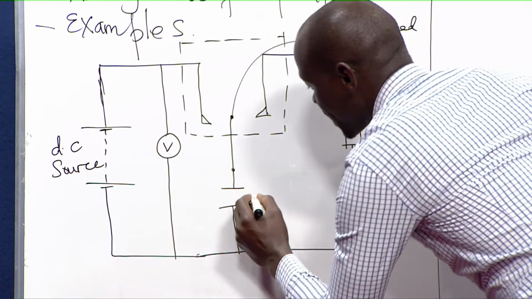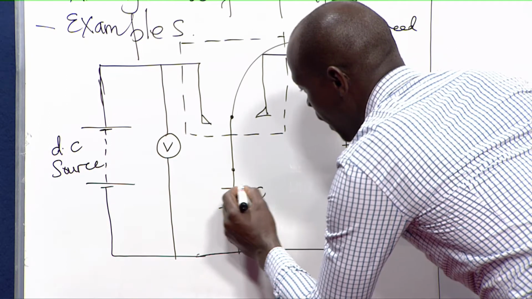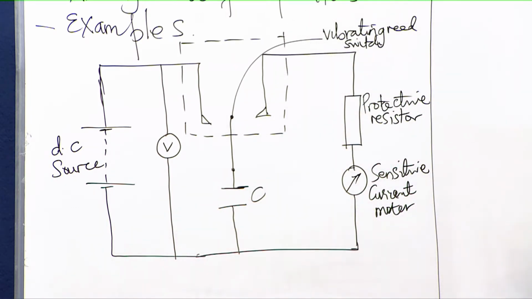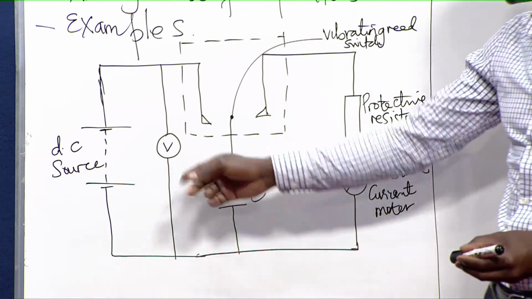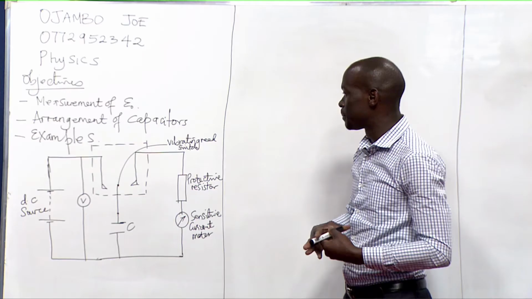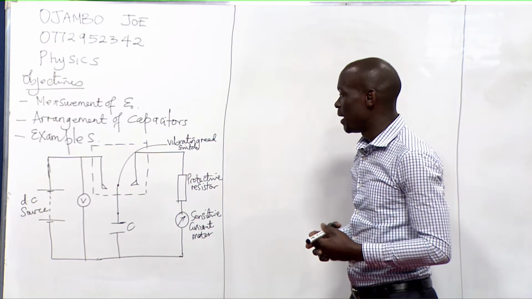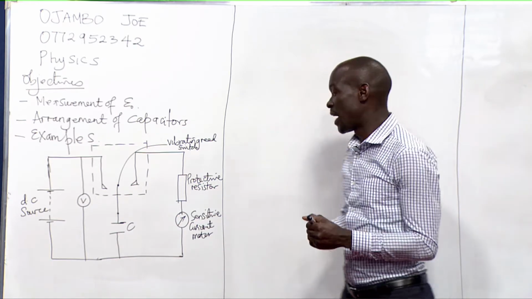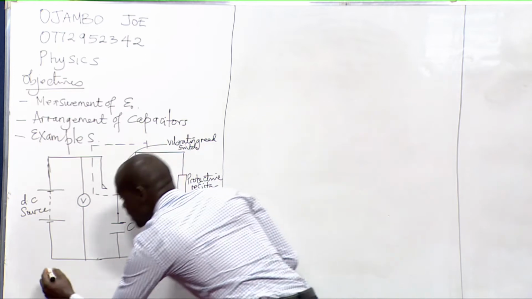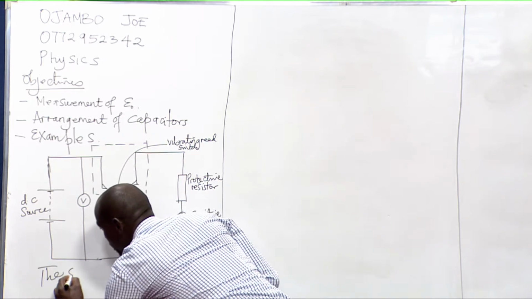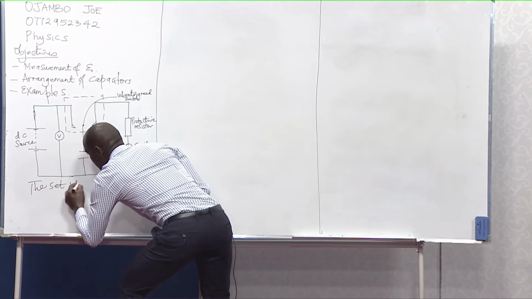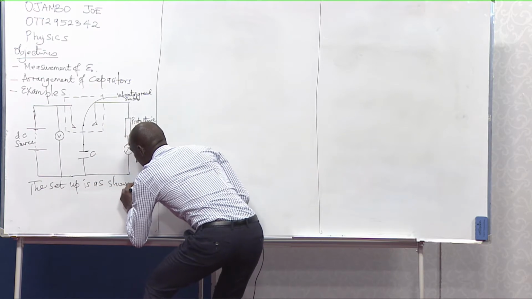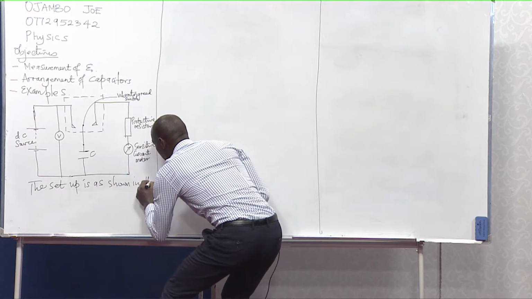This is our capacitor of capacitance C. So, this is our setup and this is our voltmeter. One thing about this experiment, we can begin by saying the setup is as shown in the diagram.